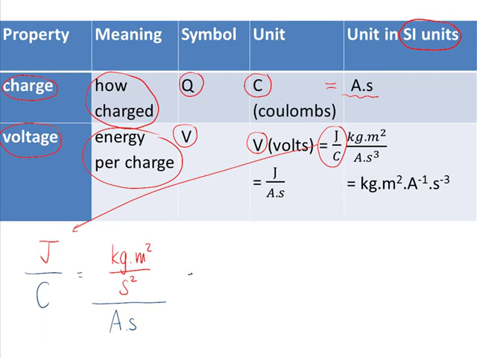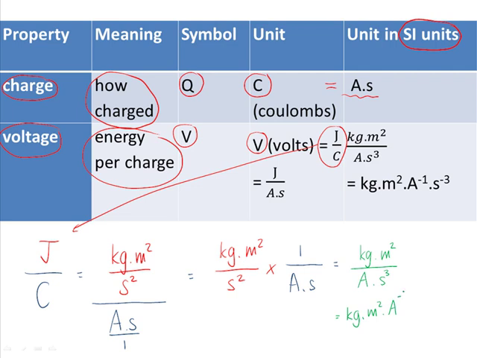So here we have a fraction divided by another fraction, and we tip and times, and from that we get kilogram meter squared divided by amp second cubed. So that is a kilogram meter squared amp to the minus 1 second to the minus 3. I think you can see very clearly why we rather just plain write V for volts.